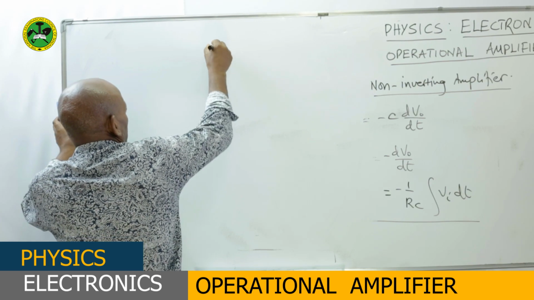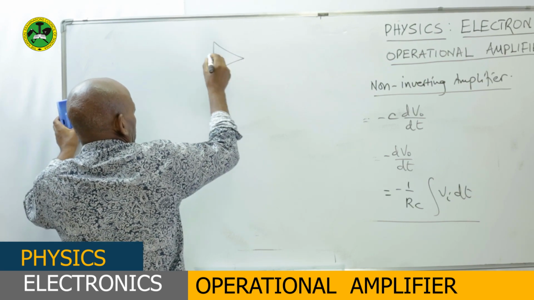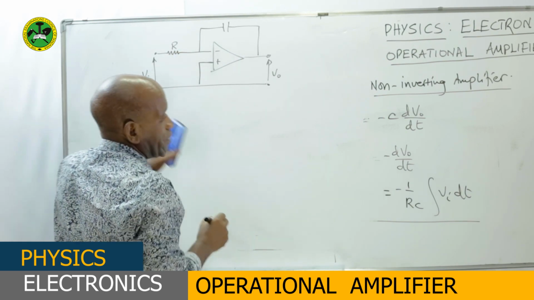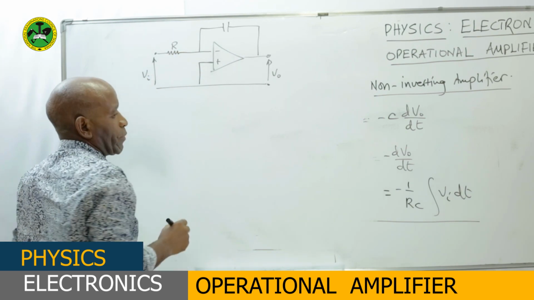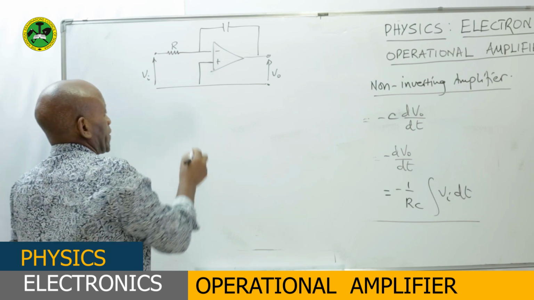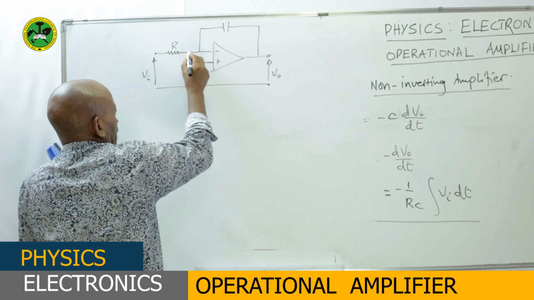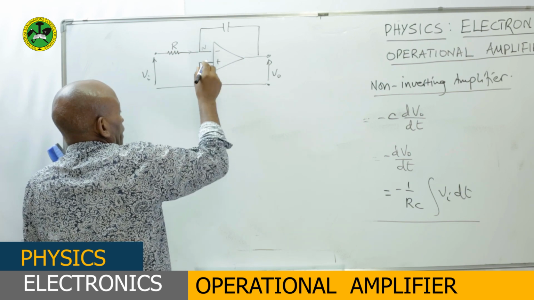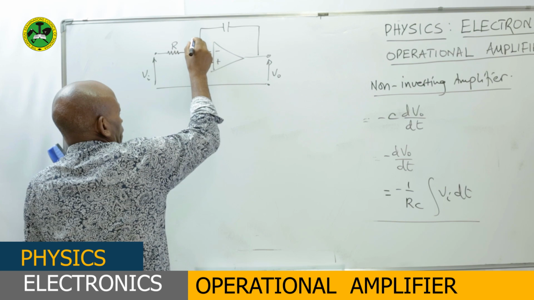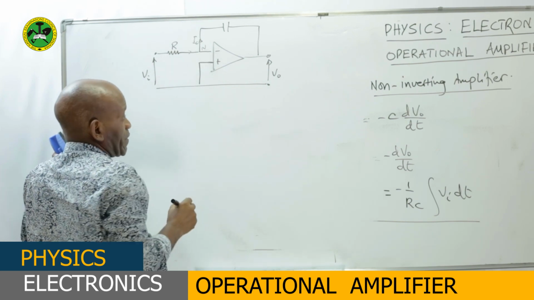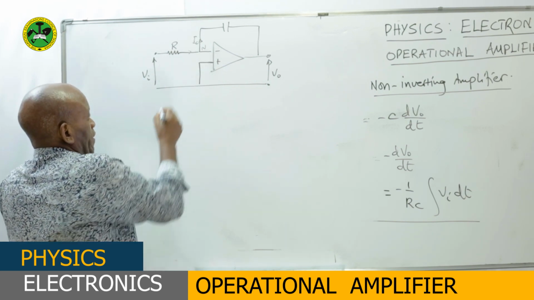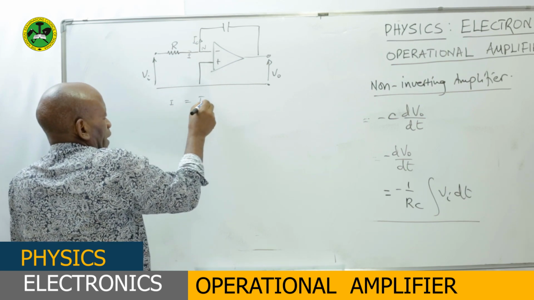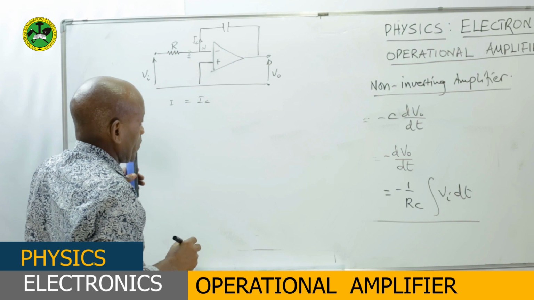From the operational amplifier we have the input signal there. And we could find that, as already said, almost all of the net current which goes to this particular point N will be going to the capacitor. So that particular current I will just be the current which goes to the capacitor.